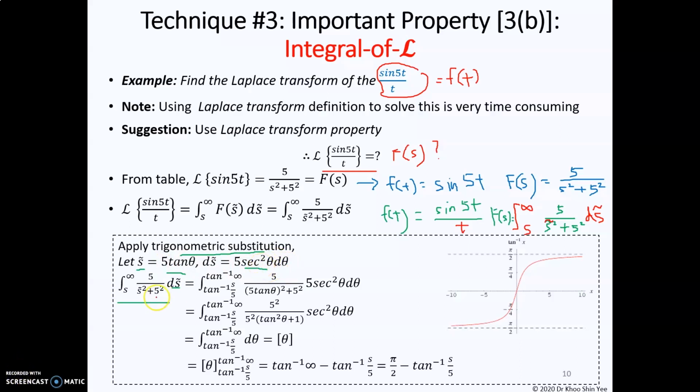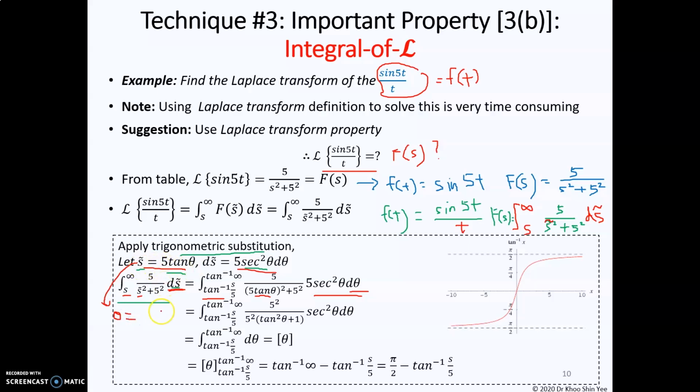Then we can substitute the s to be the pi tangent angle, and the ds you can substitute by the pi secant squared angle. You can see that the limit for the s is changed to the angle here, because here is ds, here is the angle. So for the d angle, the limit should be in angle. For ds, the limit should be in s. So based on this formula, you can obtain the angle.